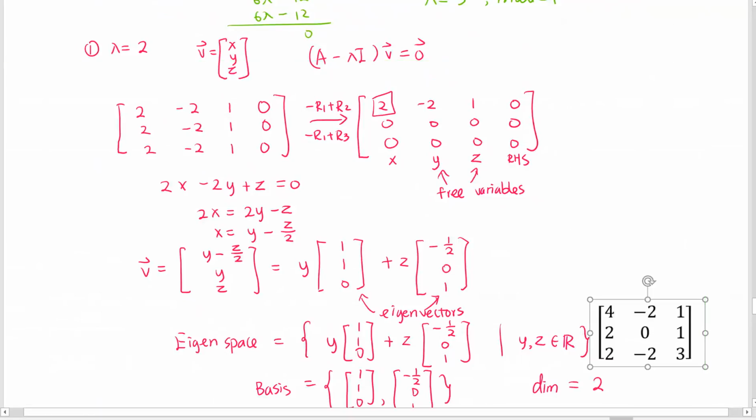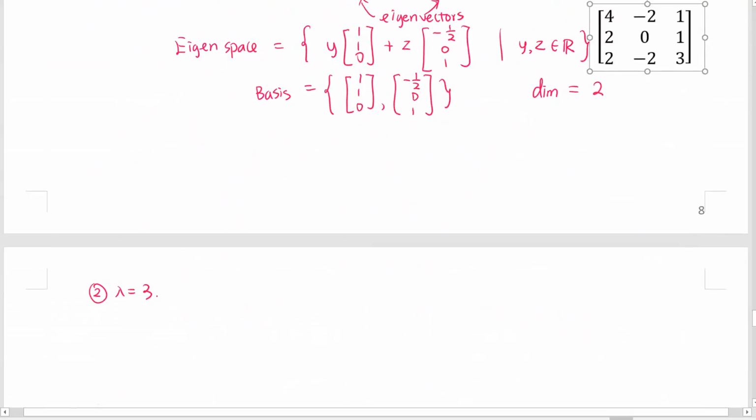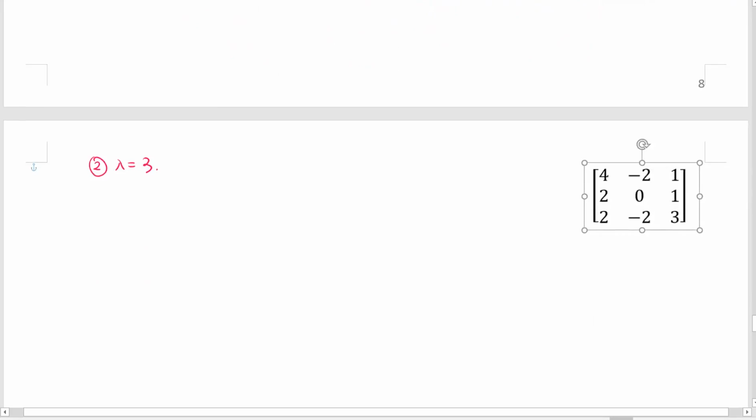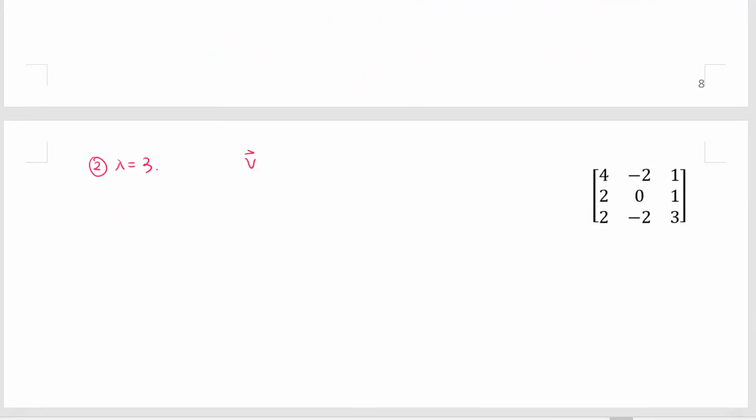Let's move this here. So v is x, y, z. A minus lambda I times v is 0.